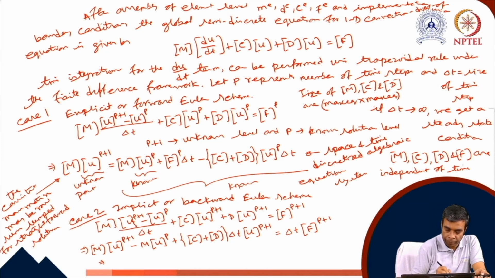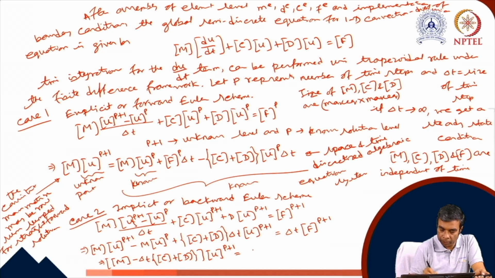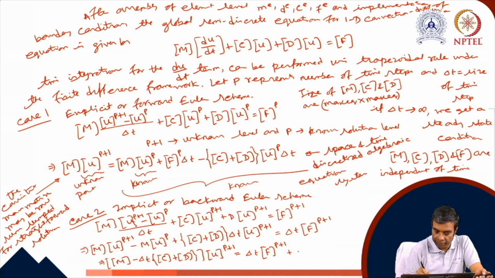So from here we shift the known and unknown terms to the corresponding sides, then we get the final version as the mass matrix minus delta t into convection matrix plus diffusion matrix, into the unknown DOF vector at p plus 1th level, equals delta t into load vector at p plus 1th level plus the mass matrix into the degree of freedom vector at the known or pth level.